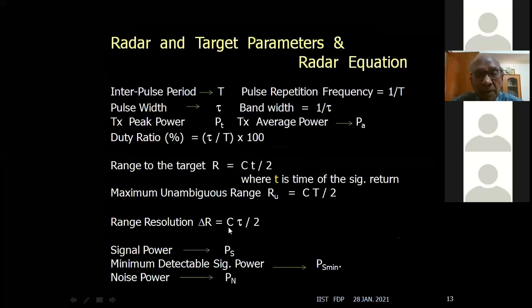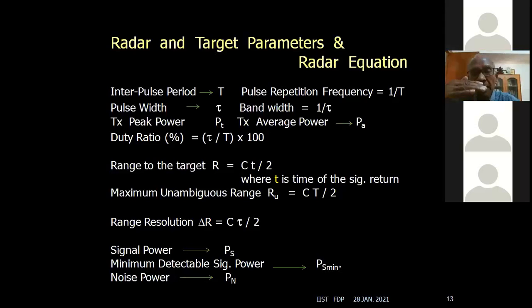And the range resolution: you are not sending a very narrow pulse, it is a finite duration pulse. So it illuminates the target simultaneously over a range delta R. If two targets are placed less than delta R apart, you will not identify them as separate targets.